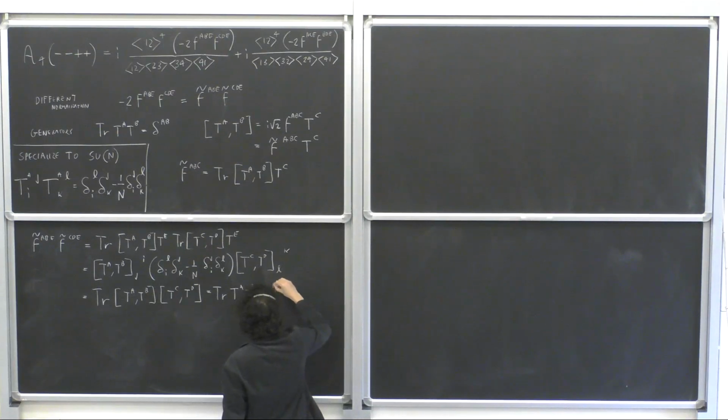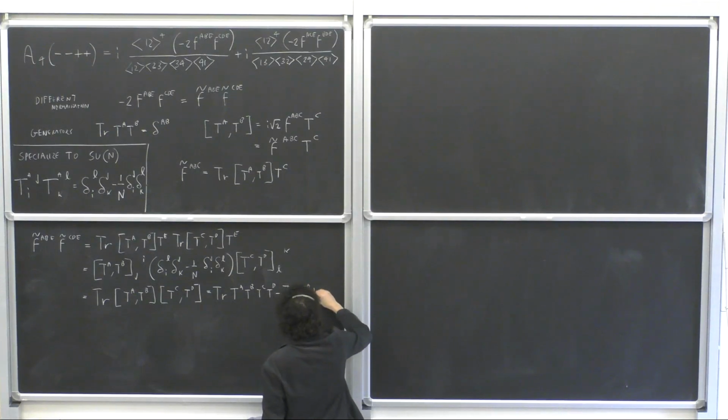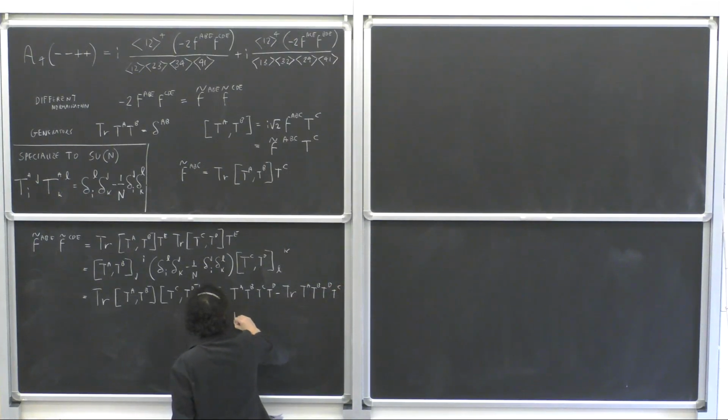So there is one in which you have all the orders, the usual order. Then there is trace of TA, TB, TD, TC. Then there is minus the trace of TB.